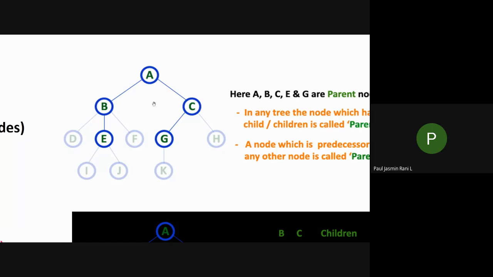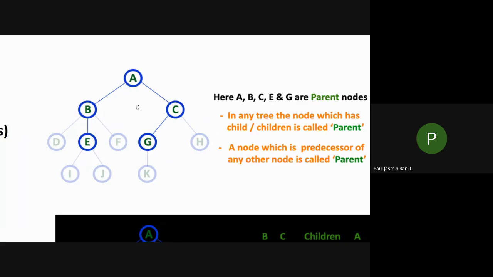So how many internal nodes are there in this diagram? A is an internal node because I have branches, and similarly B is another internal node, E is another internal node, G and C are also internal nodes. So 5 internal nodes, or parent nodes, are there.